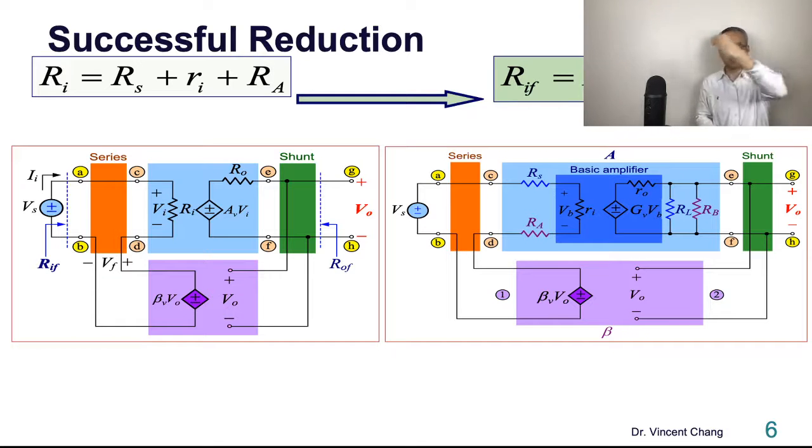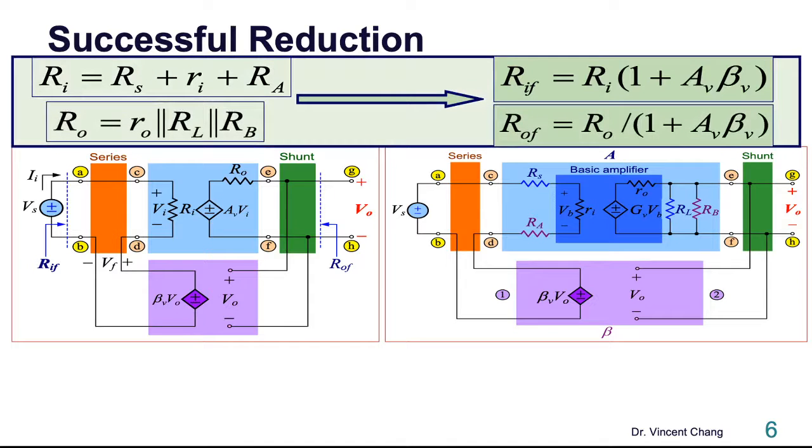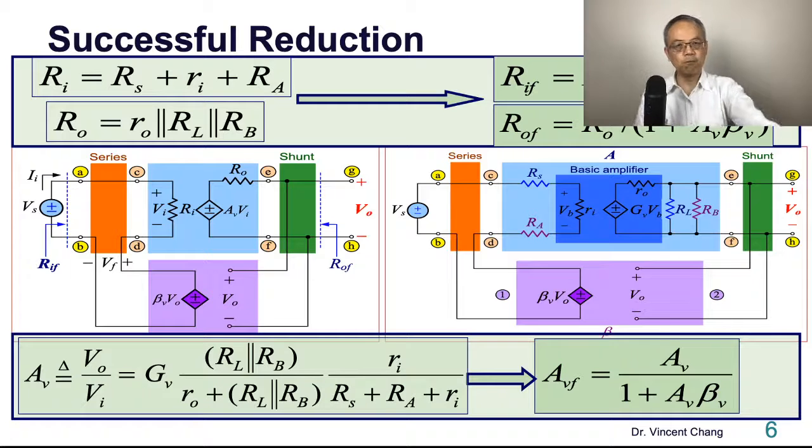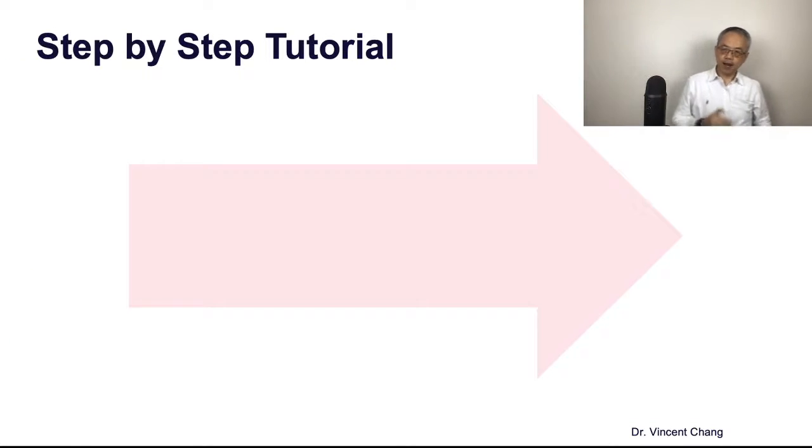Then you can just boldly adopt the formula we developed from the ideal case in the practical situation for the RIF, ROF, and the AVF. For input resistance, output resistance, and the closed loop voltage gain.